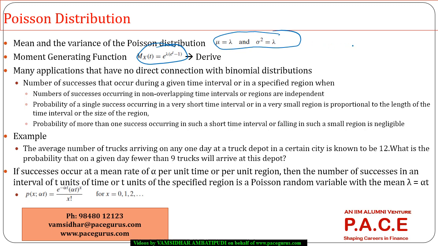Because the moment generating function is e to the power of tx multiplied by f of x, which is e power minus lambda, lambda power x divided by x factorial.